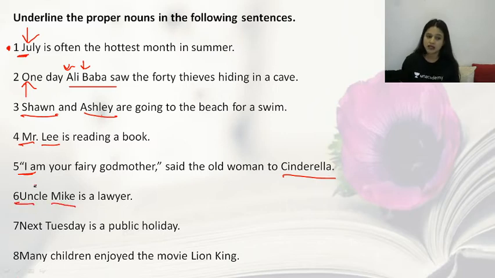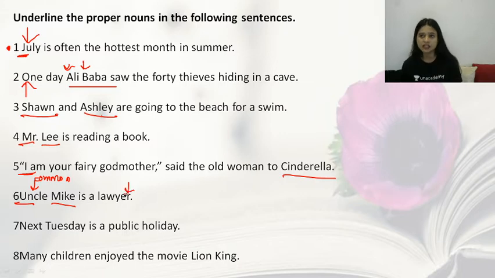Uncle, Mike. So he's your uncle. Okay. The word uncle is actually a common noun. We don't have any one uncle, right? When you use the word uncle, you don't mean a specific person. It can be any uncle. So this is a common noun. Similarly, when you use the word lawyer, it's not a specific lawyer that you're talking about. It can be any lawyer.